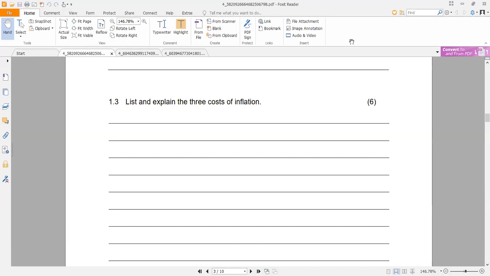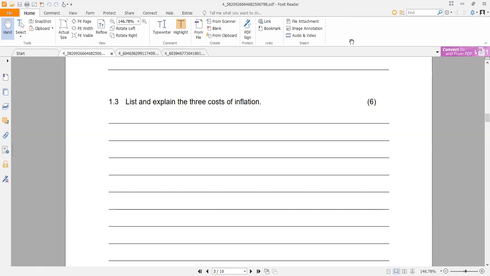Number one, inflation erodes the purchasing power of money, isn't it? And what are the implications of the erosion of the purchasing power of money? I said it erodes the purchasing power of money, which means that the incomes of people will be what?